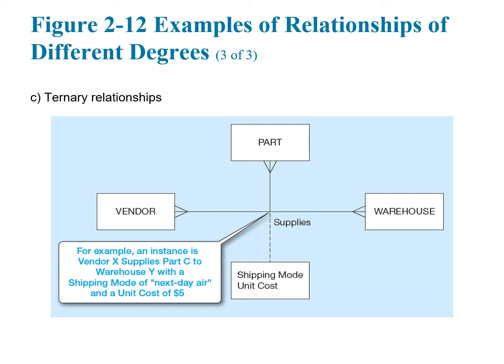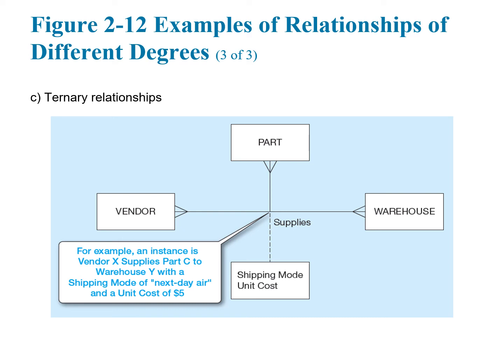In other words, each vendor could supply many parts to many warehouses. Each part could come from many vendors and be housed in many warehouses. Each warehouse could have many parts from many vendors.